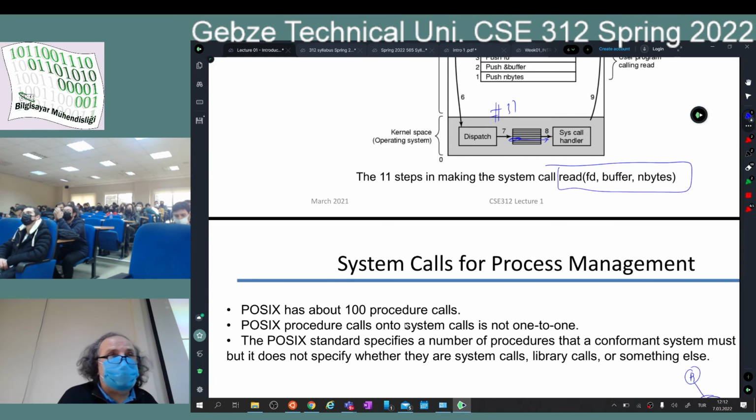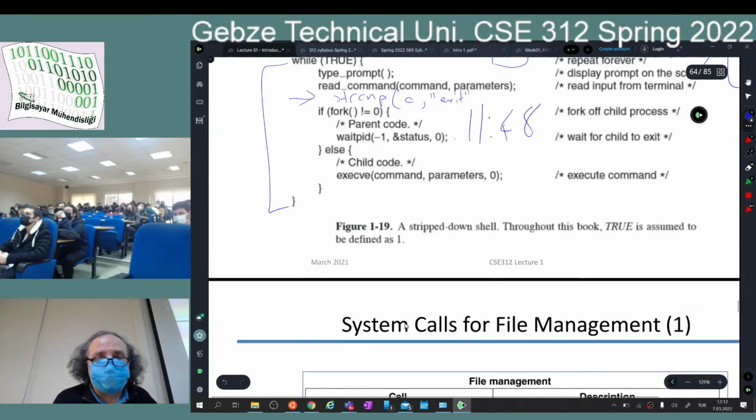So that's the difference between an application program and a systems program. For the systems program, you need to know your interface of the operating system very well. For the application programs, of course you need to know it, but there are many other important things too.